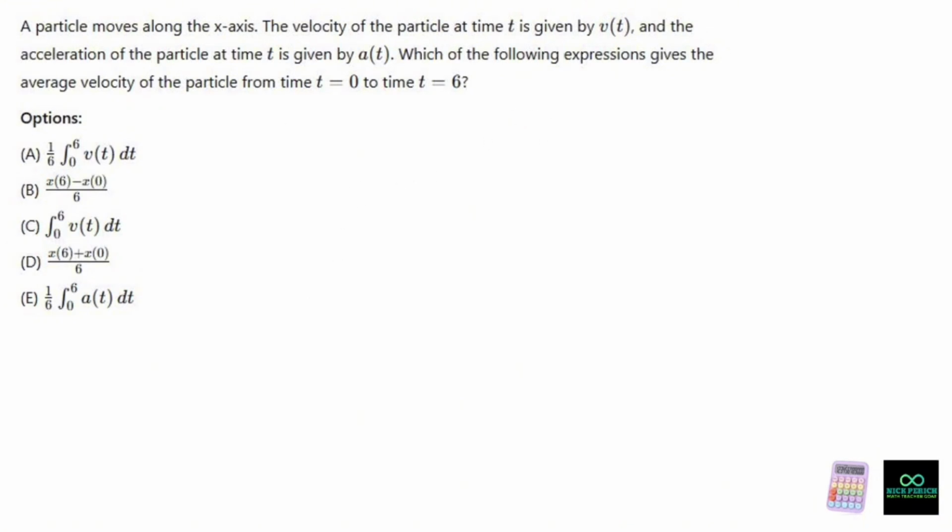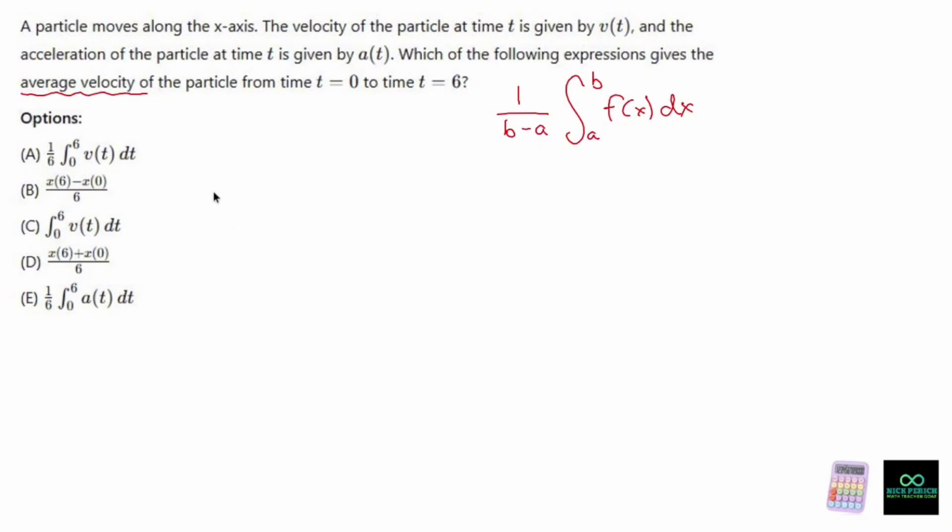Now, generally speaking, the average value formula is 1 over b minus a, the integral from a to b of f of x dx. If my job is to find the average velocity of the particle, what we're going to do is use the velocity function. Okay?